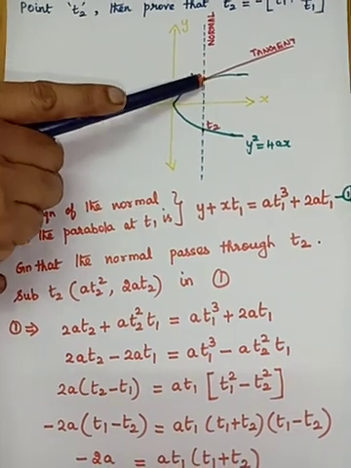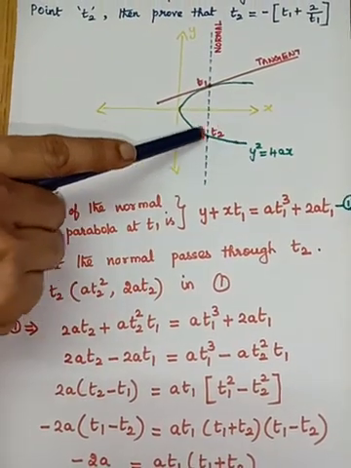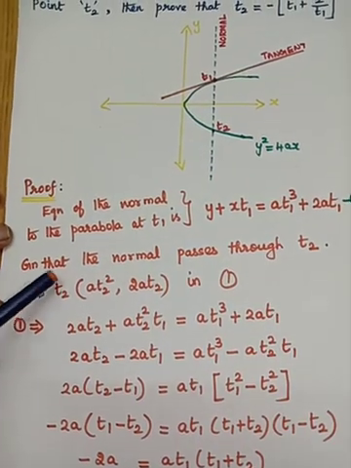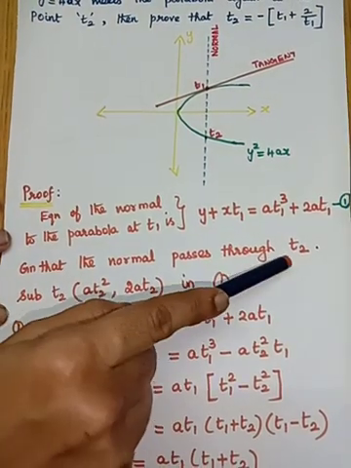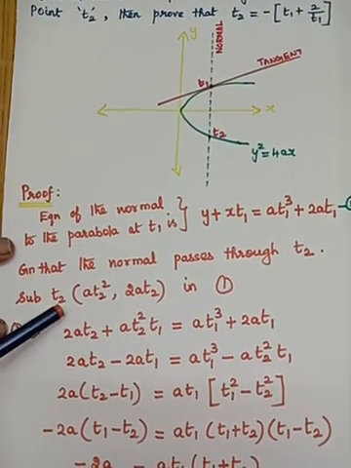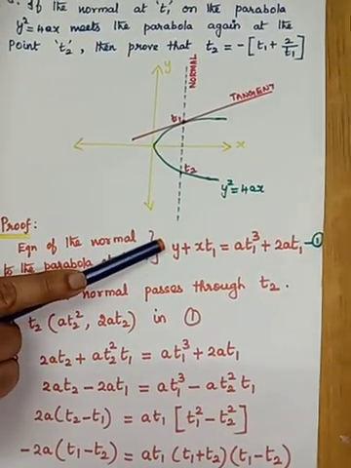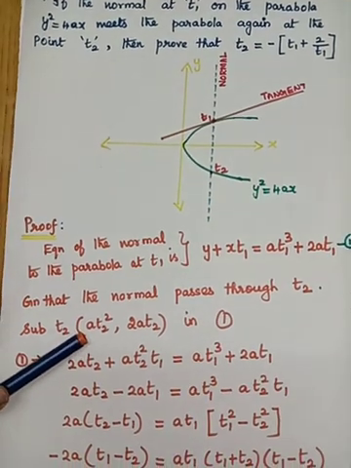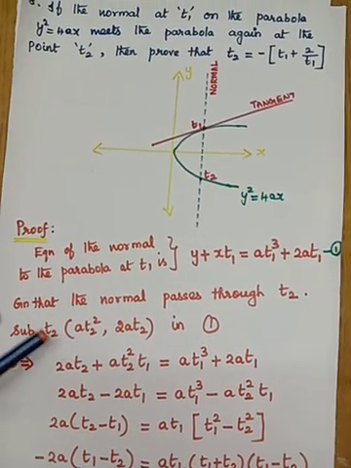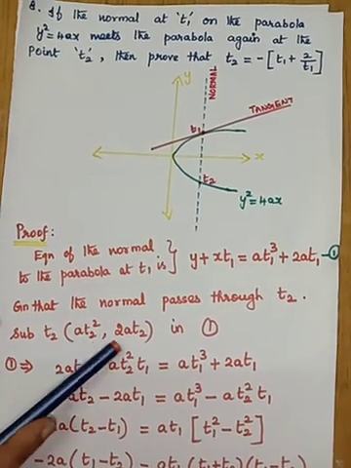This normal meets the parabola again at t2, so the normal passes through t2. The t2 point has to be substituted in the normal equation. The parametric point of the parabola is (a t squared, 2at).